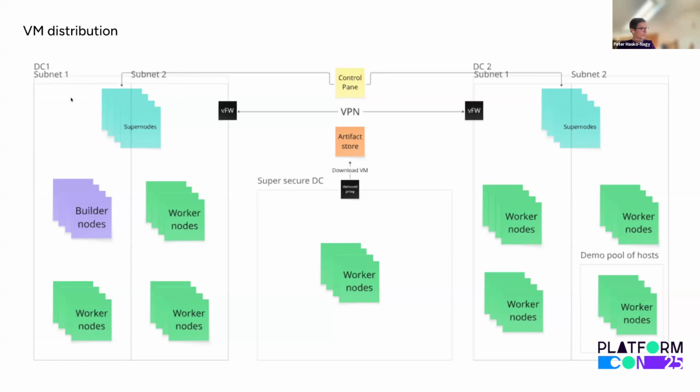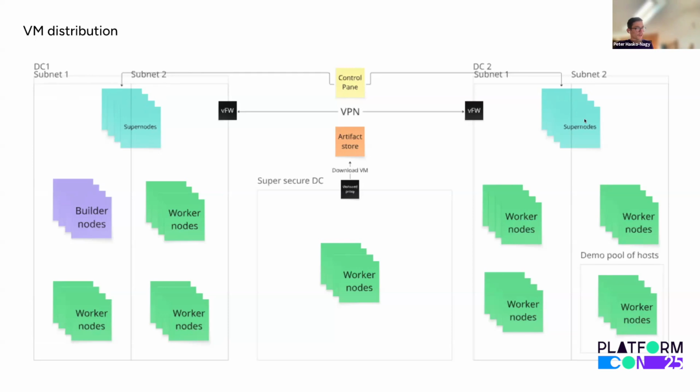And as I was mentioning, the supernodes can see every node in the DC. So it will find the chunks on the builder nodes and start to download them. And it will be super fast. We can easily saturate the network within the DC if we want to. As they are in the same subnet and it's happening over a local network, the stack will be distributed to the supernodes from the builder nodes within minutes.